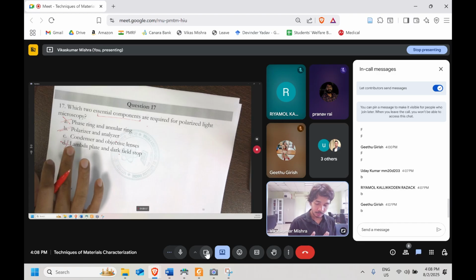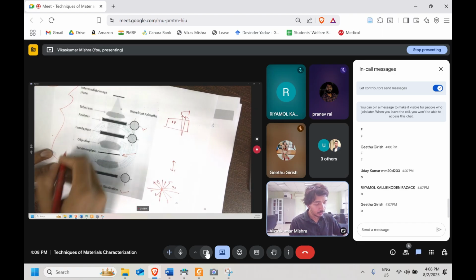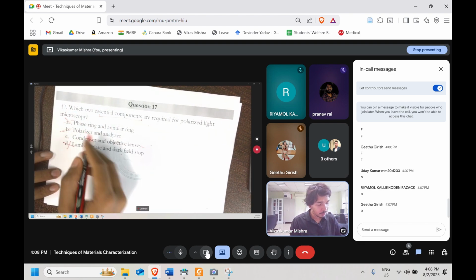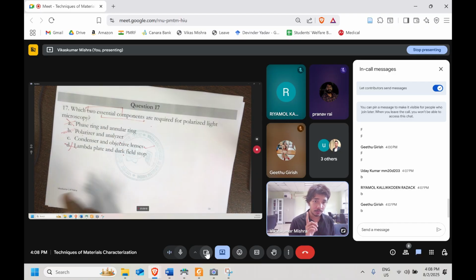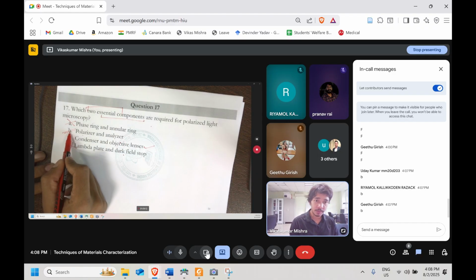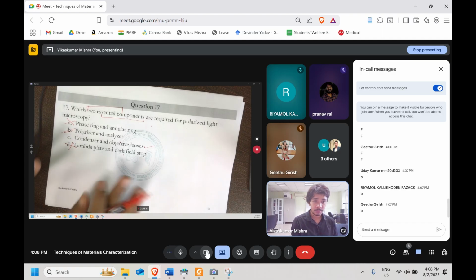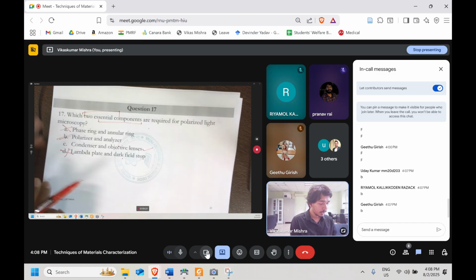So one can also say this is the right answer, but we are talking about the essential components. If there is only one selection, I will go with B. If multiple choices are allowed, I will go with B and C. Very good, guys. Question number 17 is done.